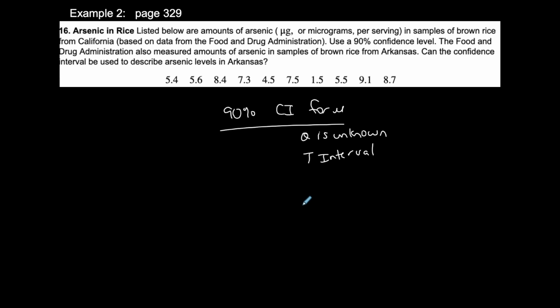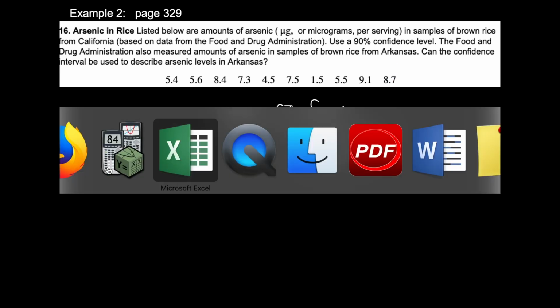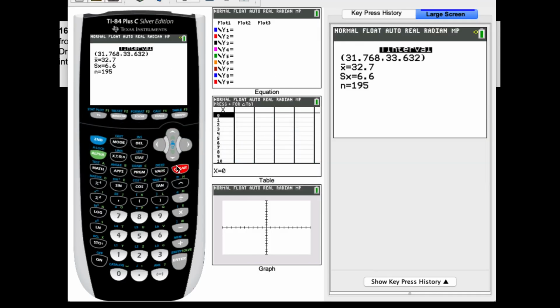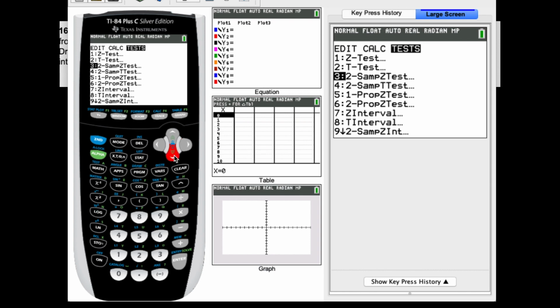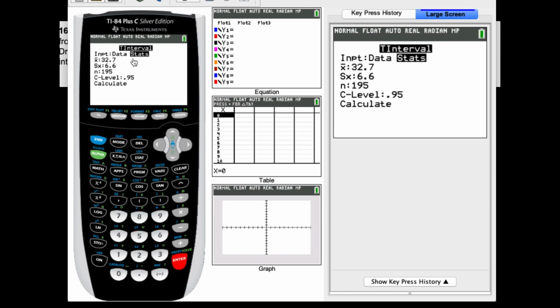Now, maybe you guys already determined that because I have a list of numbers, there's a little bit of a difference when I go into the graphing calculator. If I go to stat and over to tests, and down to T interval, you can imagine this time I don't have the stats given to me.